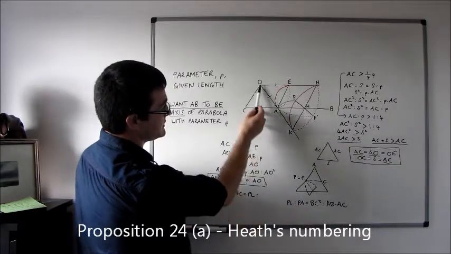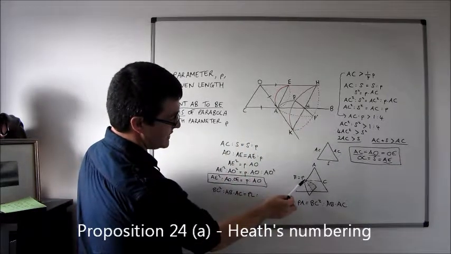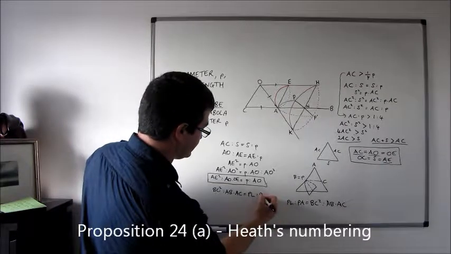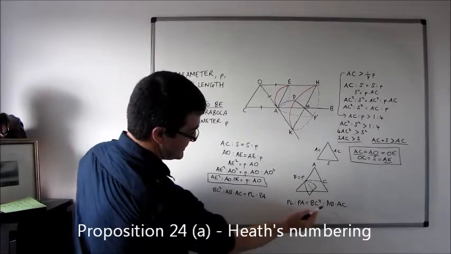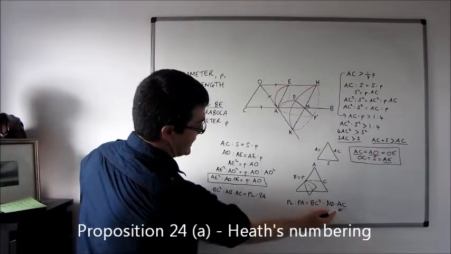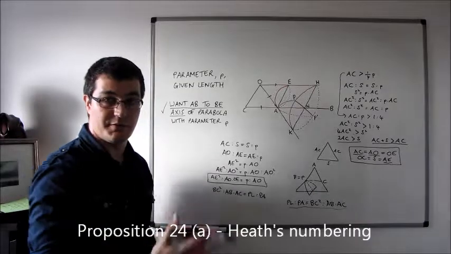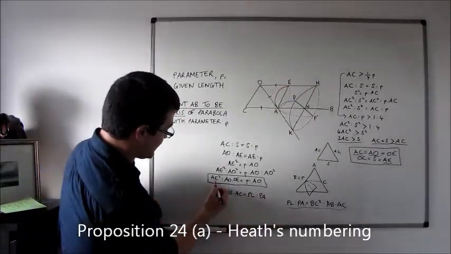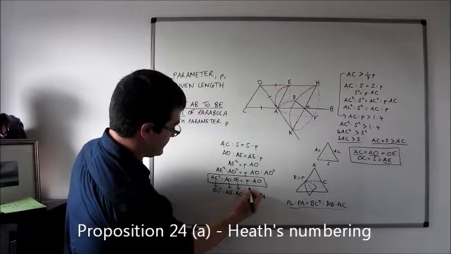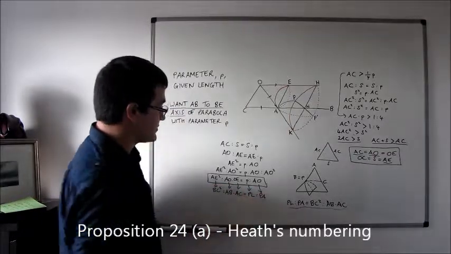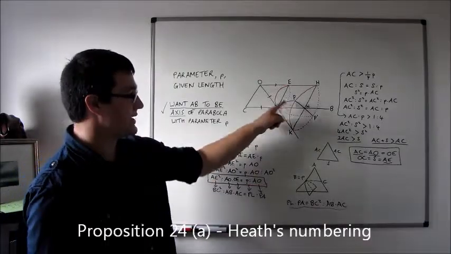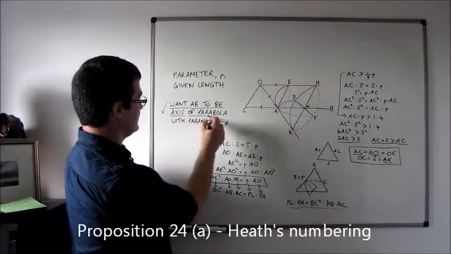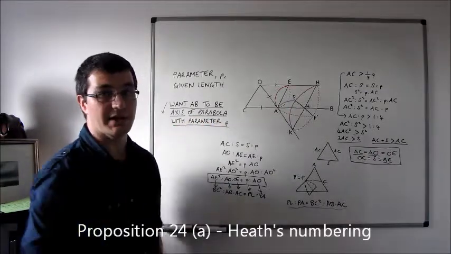AO, which is this length here, is the same as my PA in this diagram here, which is the statement that we've got here. So this is how the parameter of a parabola is in the first instance defined. Everything here seems to match up perfectly well. So what this proves then is that this section is indeed a parabola, and it's got a parameter P.